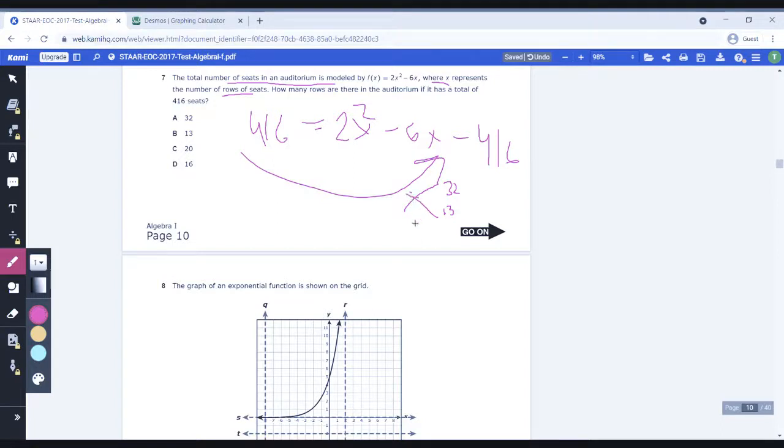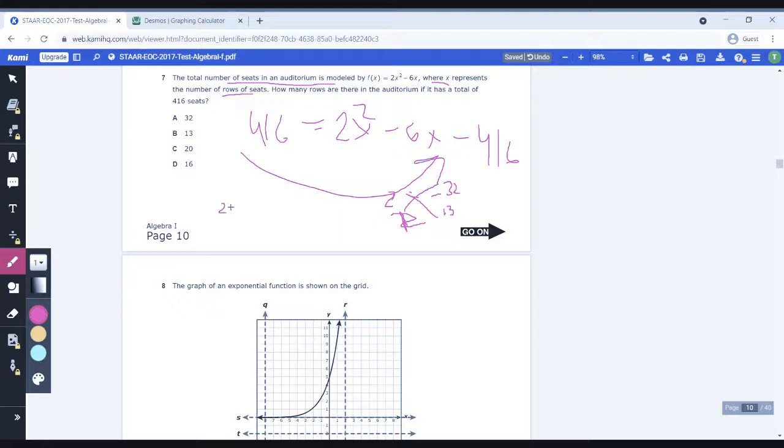So 2 times what? 1, 2. It wouldn't go here, so let's try here. 26 minus 32, so that would work if we solve this using our x method.